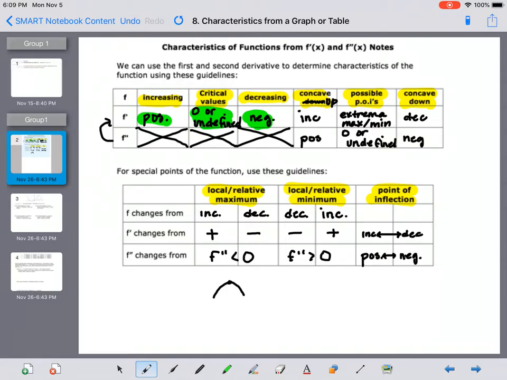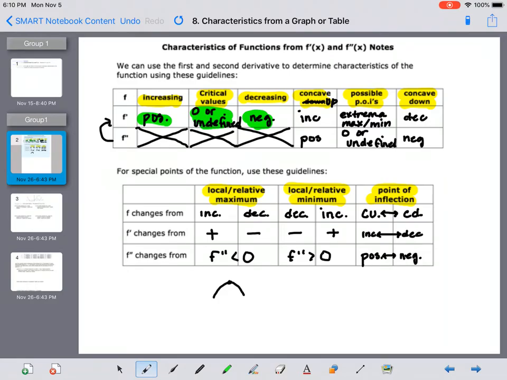Again, that works in both directions. And what that meant for our function is that our function was changing from concave up to concave down, or vice versa, again, in both directions. Okay, so this kind of summarizes everything that we've talked about over the last week.